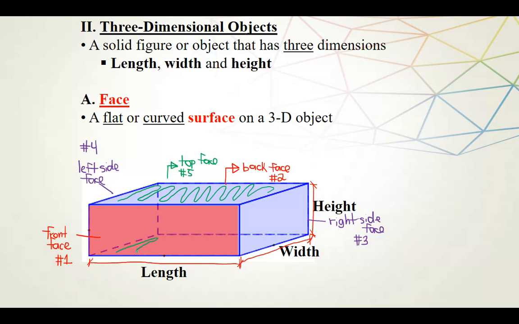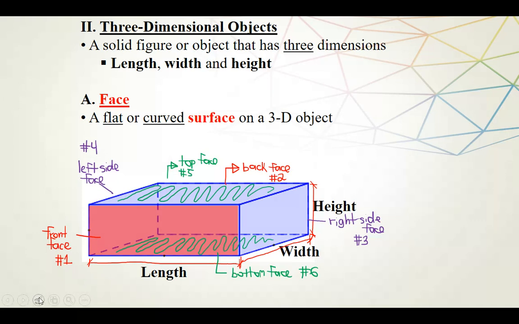And you also have one at the very bottom, opposite of the top face. And this would be your bottom face, which is face number 6. Therefore, this right rectangular prism, this box, has 6 faces to it.